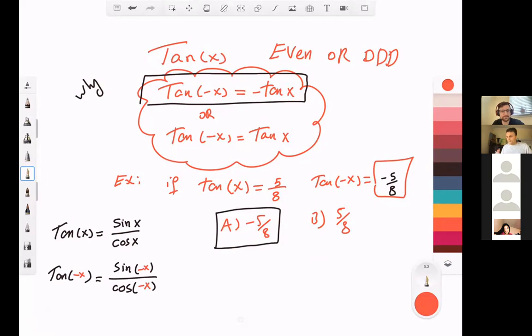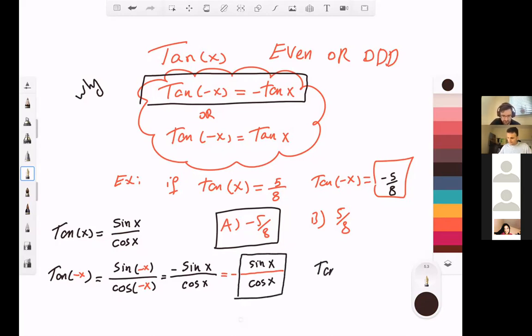What do we know about sine of negative x? It is negative sine of x. What do we know about cosine of negative x? It is equal to cosine of x. Cosine is even. So now we have negative sine of x over cosine of x. What is sine of x over cosine of x?